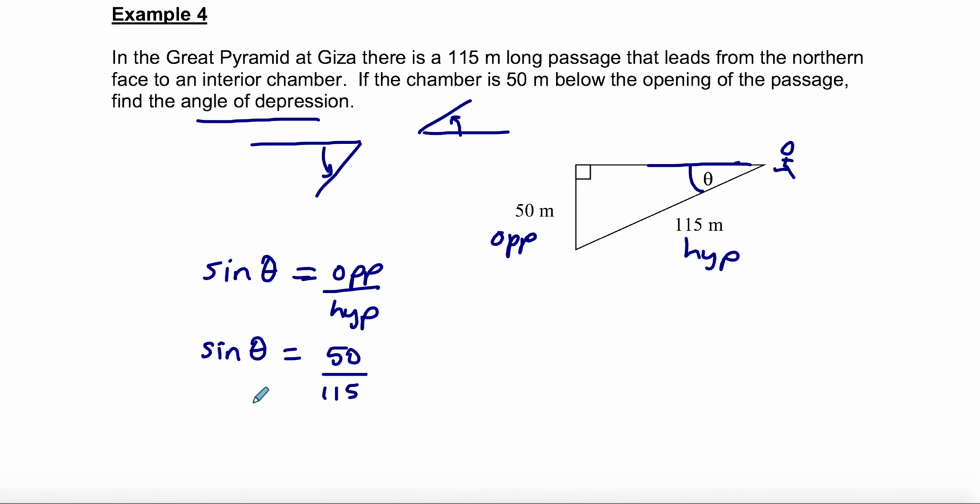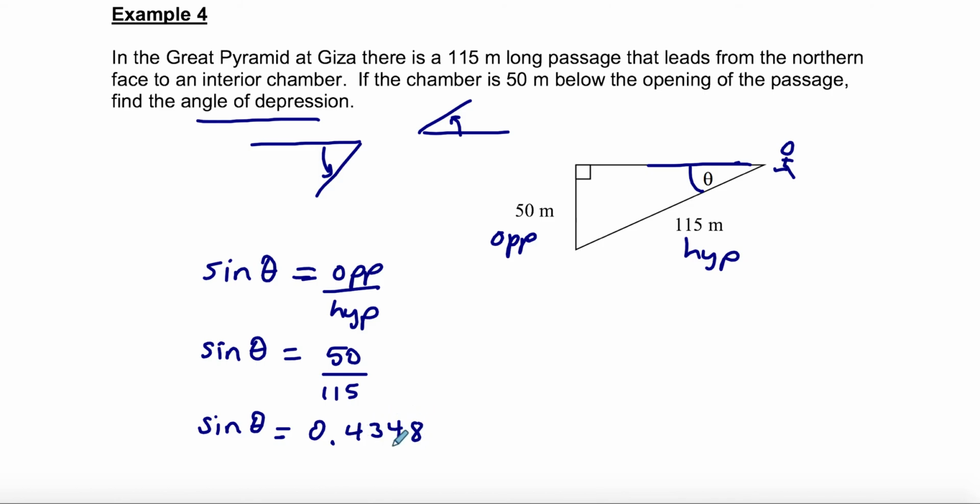A lot of students will get stuck at this point because they're not quite sure what to do. A lot of students could just type this right into their calculator how it is. But sometimes you like to see when you divide that right-hand side, I get 0.4348.